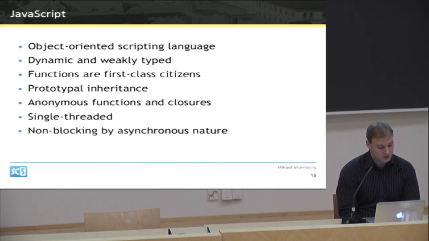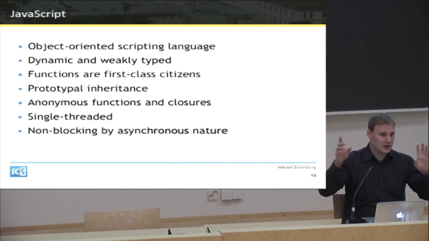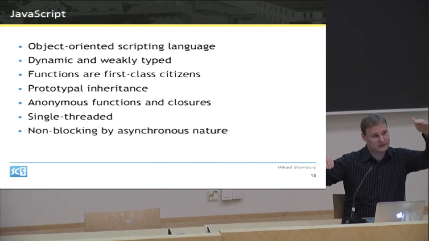And then we have anonymous functions and closures. Anonymous functions, that's kind of self-explanatory, but the idea is that you can create functions that are without names. And then every time that you make a function, the environment is in that closure. So what happens is that when you state function A and then give a bunch of parameters and start the statement, all the variables in that scope are accessible inside of the function.